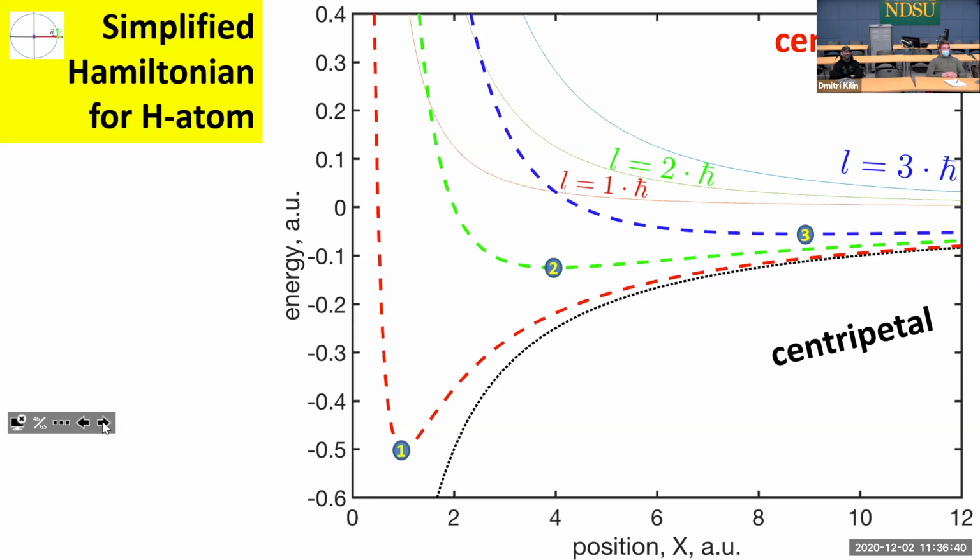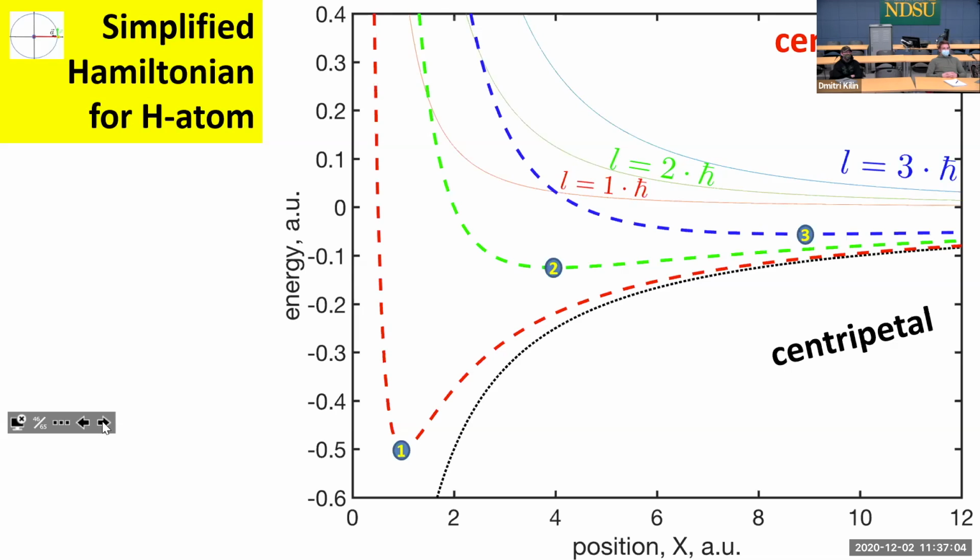Here, the long dashed line is our total energy, and the solid line and thin short dashes are Coulomb attraction and centrifugal repulsion.